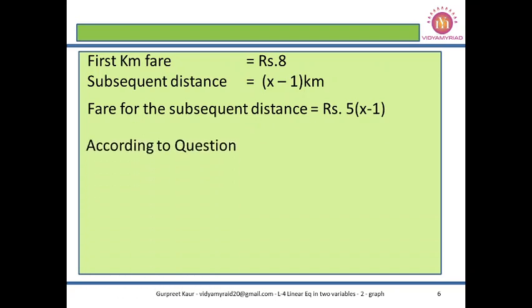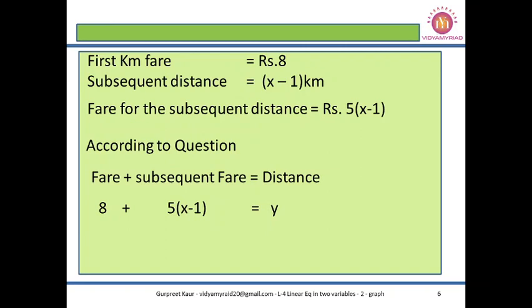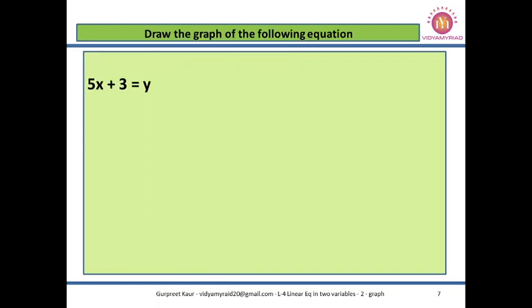Now the first fare plus the subsequent fare is equal to the total fare: 8 plus 5 into x minus 1 is equal to y. Solve it, you will get 5x plus 3 is equal to y.